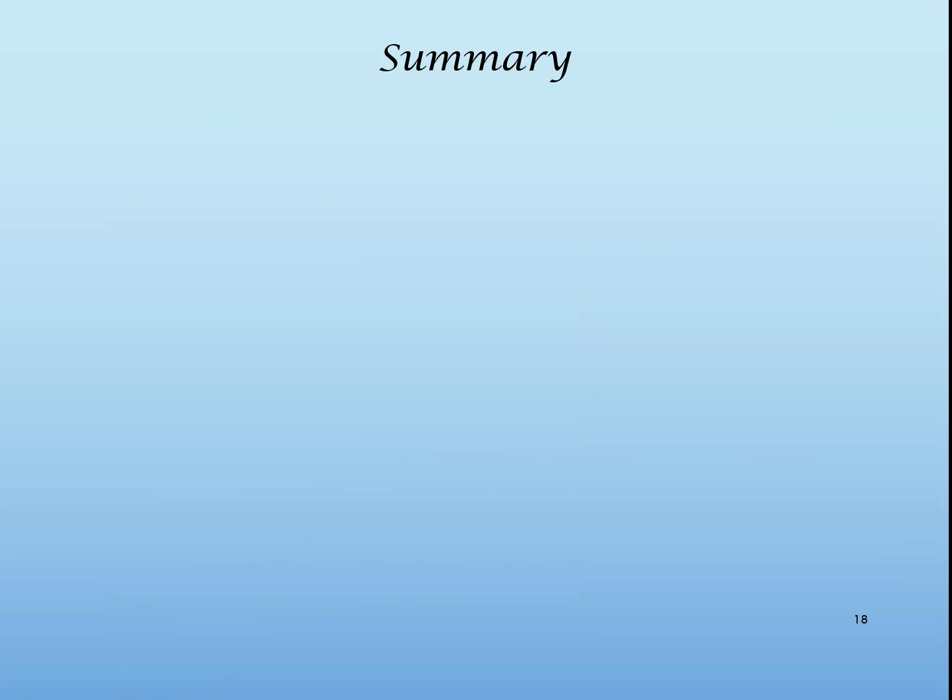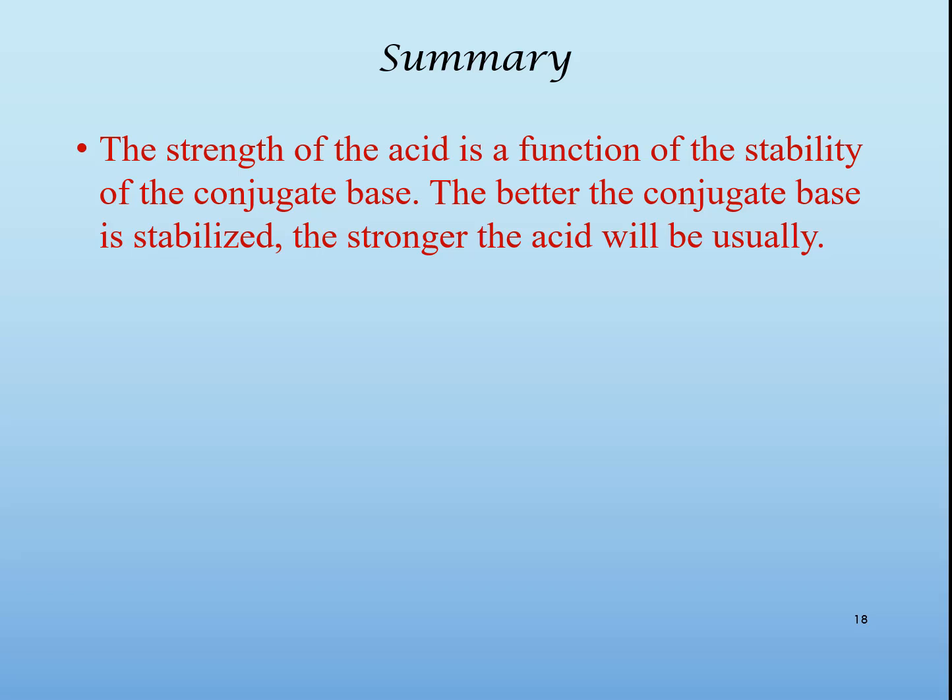In summary, the strength of an acid is a function of the stability of the conjugate base. The better the conjugate base is stabilized, the stronger the acid usually will be.